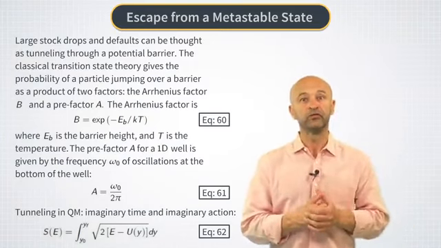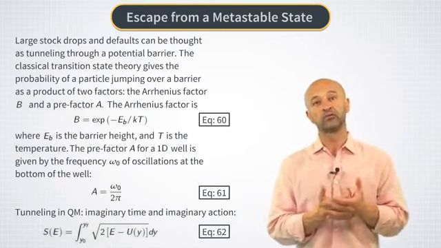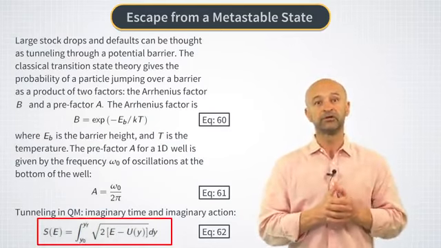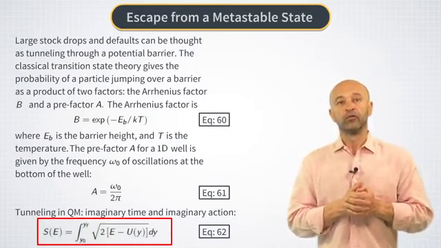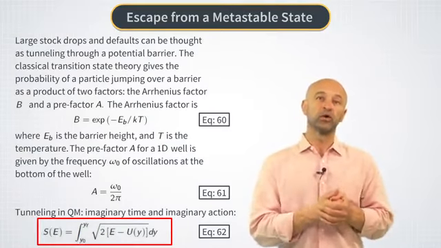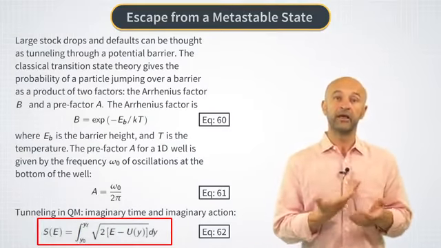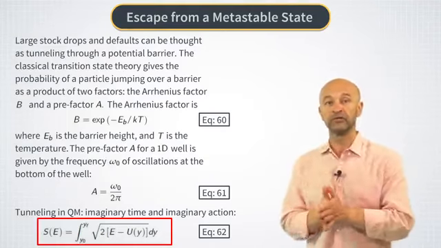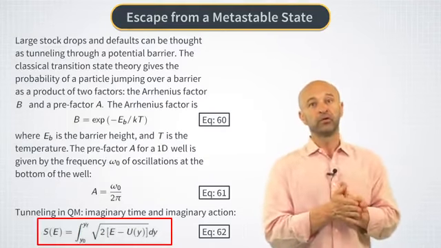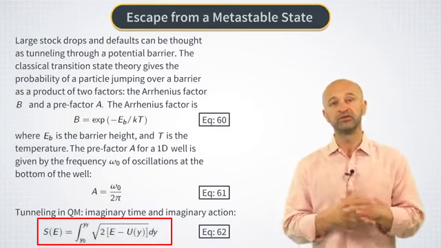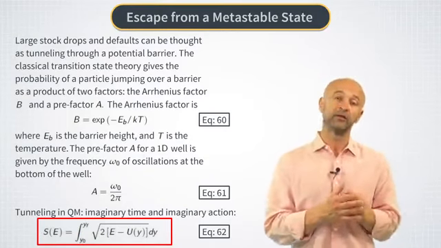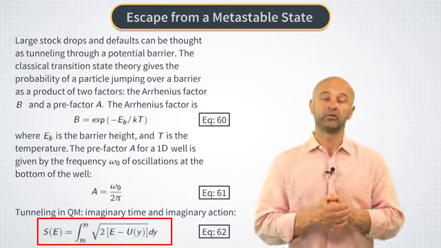As you can see, if you look again at our equation 40, which I repeat here as equation 62 for your convenience, the expression in the square root in the integral is negative, and therefore the action itself is imaginary. But because the weight of the action is i times S, this produces exponentially suppressed tunneling probabilities in quantum mechanics.